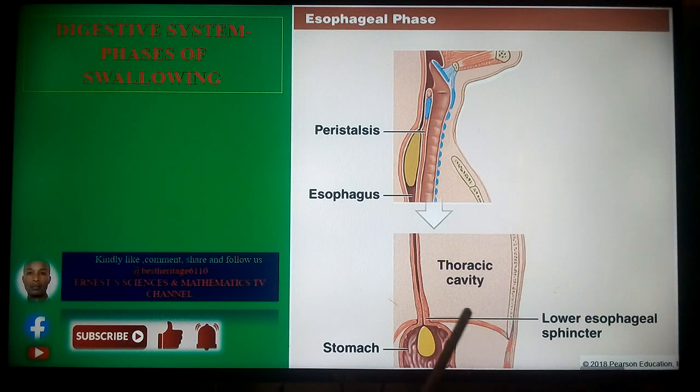It leads into an opening into the stomach at the lower esophageal sphincter, which is a muscle constriction at this point. Therefore, we're going to look at the esophageal phase, which also constitutes a range of muscles around this.